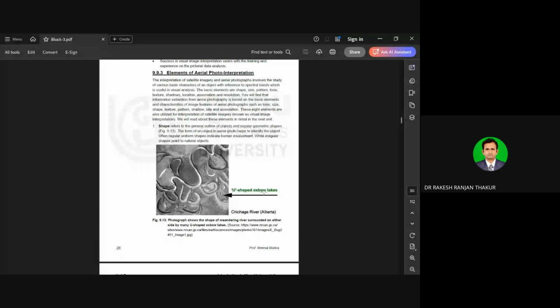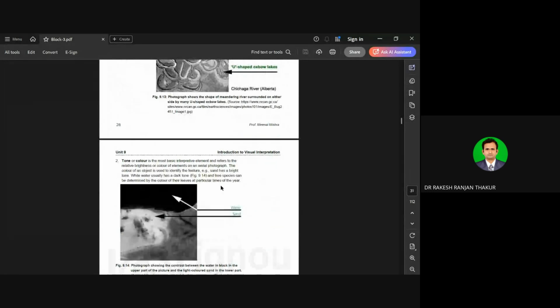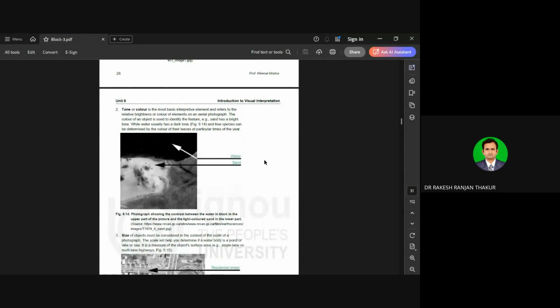Many other features are there, like a football field, a playground, a park, or a river. These are quite easy to differentiate when we consider their shape. So we have to be very careful when differentiating different features.